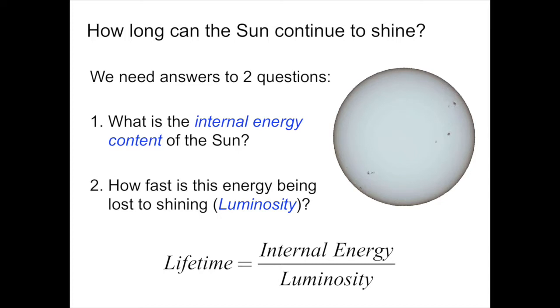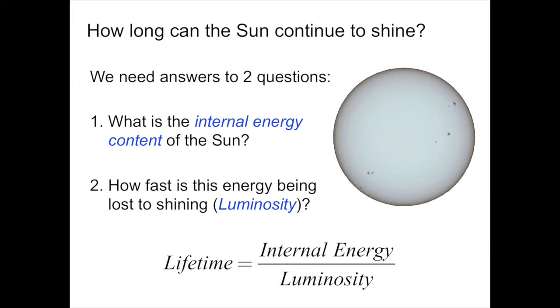You'll notice that this is very similar to a distance, time, speed kind of problem, in which one says, I want to go a certain distance, I move at a certain rate, and I can compute how long it will take me to make the trip. Whenever we're dealing with a rate type of equation like this, it's relatively straightforward to notice that if you're computing the lifetime, the amount of stuff that you're expending is always on the top, and the rate at which you're expending it is on the bottom.